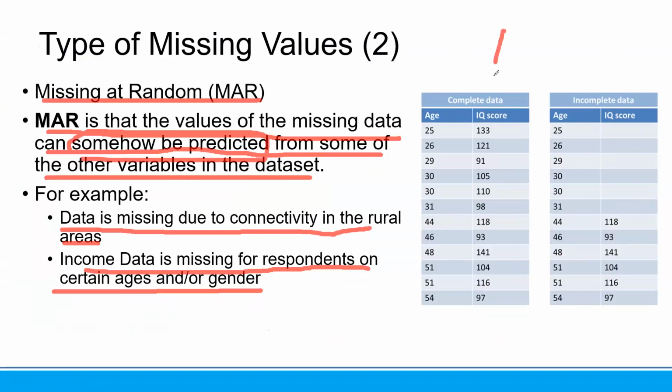So let's say in this example, this is the complete data. And this is the incomplete data. We have the missing value here. So can we see some patterns about the missing values?